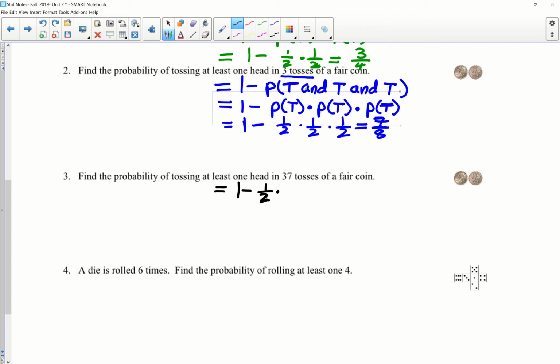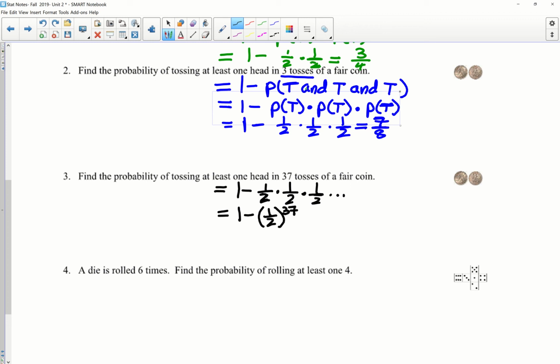I had 2 1/2 in number 1. I had 3 1/2 in number 2. How many 1/2 am I going to have in number 3? 37. So it's going to be like, whoa, I'm not writing all that out. So instead, I'll write it as 1 minus 1/2, and I'll raise it to the 37th power.